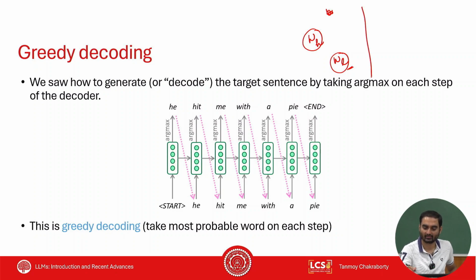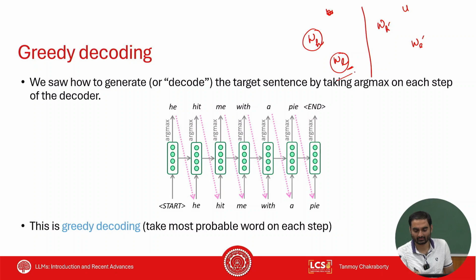And at the decoder stage, what are the matrices? WH dash, WE dash, and U. Okay, and these matrices are learned during the training time.